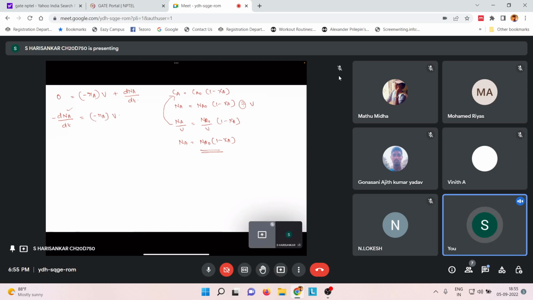Na0 is constant, so minus Na0 d(1 minus Xa)/dt is equal to minus Ra into V. Just do the differentiation, so it will be Na0 into dXa/dt is equal to minus Ra into V. This is similar to the term where, for the rate equation, we wrote dCa/dt is equal to minus Ra.